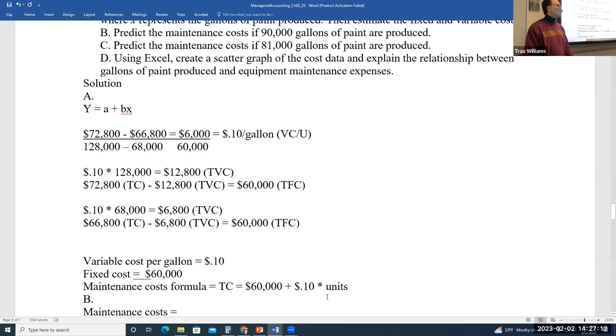So now we could use that to estimate different levels of production. 60,000 in fixed costs plus 10 cents times the number of units. Anything need clarification?